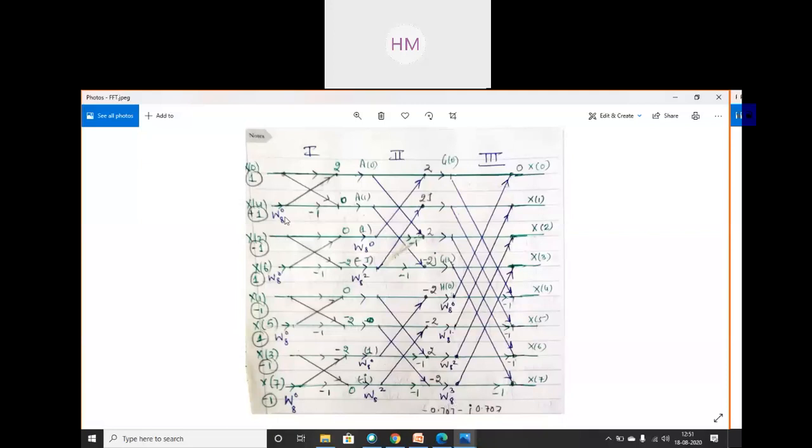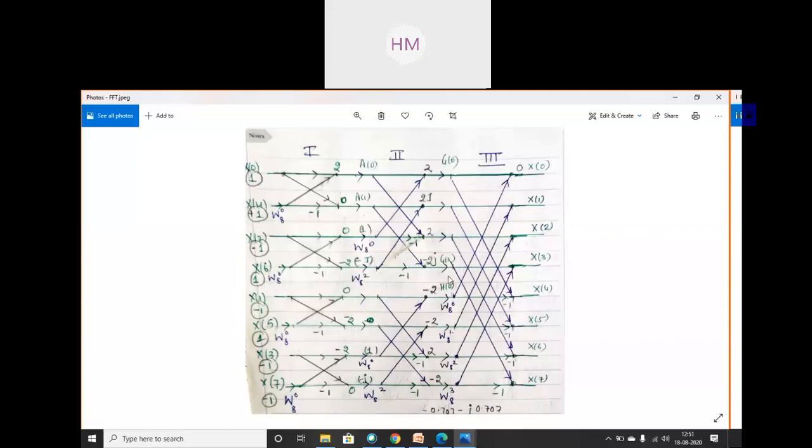So after writing this W8 0, W8 0 and 2 and at last 0, 1, 2 and 3. Three stages we can mark. In between, I can mark A values, A of 0, A of 1. Last stage, I can write it as G0, G1, G2, and G3. I can do that, but it's not required.